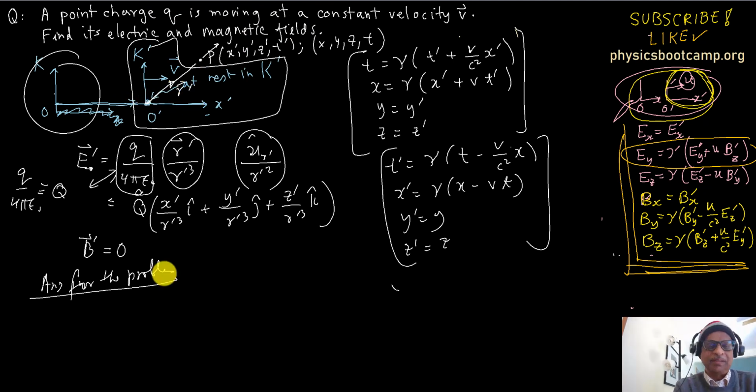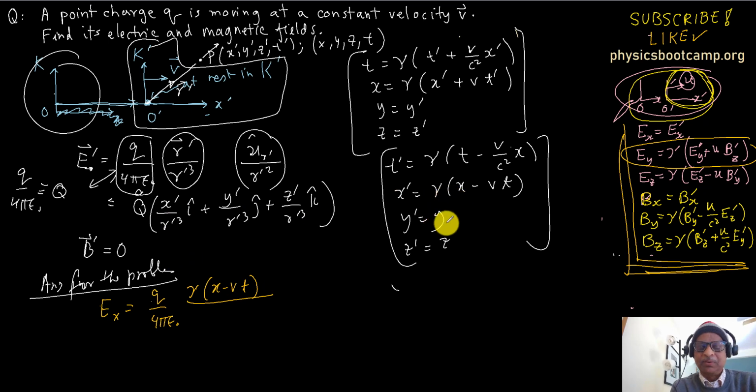Okay, so Ex, according to this, is going to be the same as Ex prime. So it's going to be q over 4 pi epsilon naught. X prime is going to be gamma times x minus vt, and y prime is y, and z prime is z.